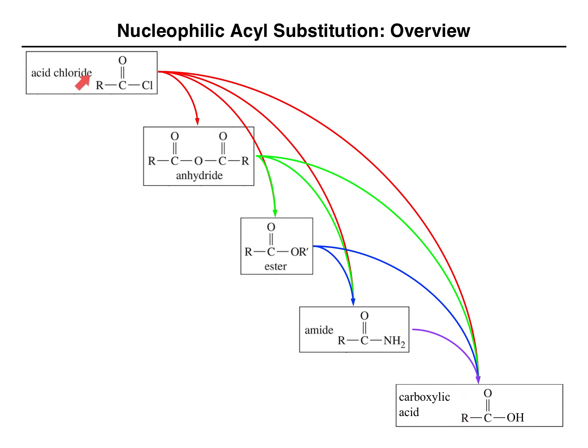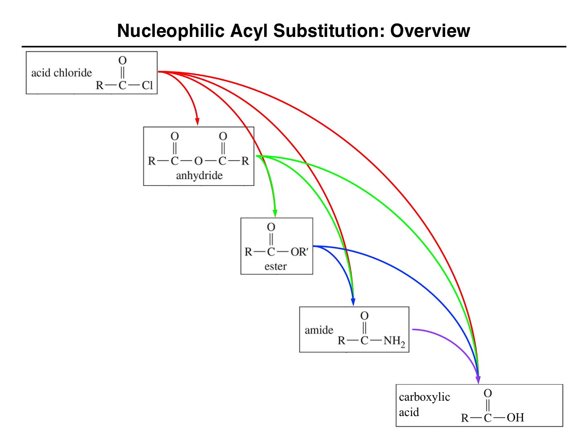Anhydrides cannot be converted to acid chlorides, but they can be converted to esters or amides or carboxylic acids. Esters cannot be converted to anhydrides or acid chlorides. They can be converted to amides or to carboxylic acids, and amides can be converted to carboxylic acids, not to esters or anhydrides or acid chlorides.